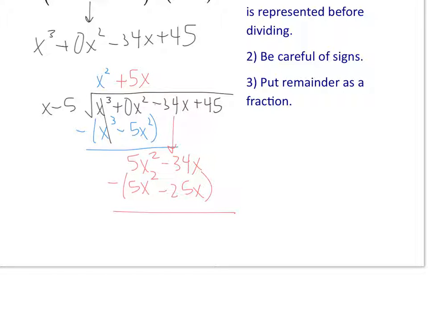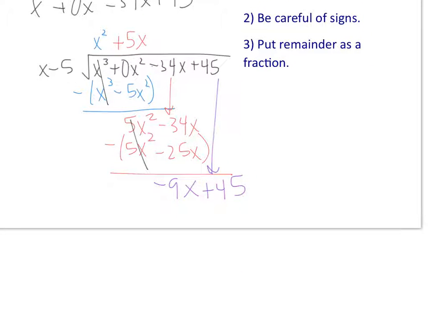5x squared minus 5x squared goes away. Negative 34x minus negative 25x really means adding, and so that would be negative 9x. Let's change colors again. So negative 9x, and then bring down the 45. And then I ask myself, how many times does x go into negative 9x?